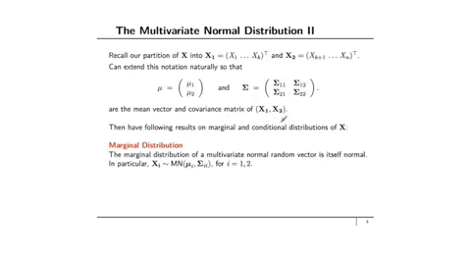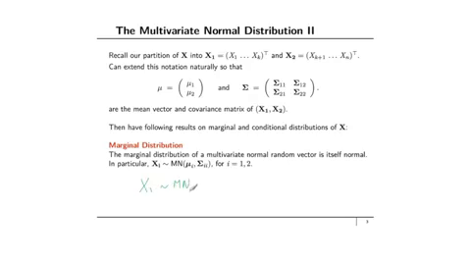So we have the following results on the marginal and conditional distributions of x. The marginal distribution of a multivariate normal random variable is itself normal. In particular, the marginal distribution of xi is multivariate normal with mean vector mu i and variance covariance matrix sigma ii. So for example, x1 is multivariate normal.